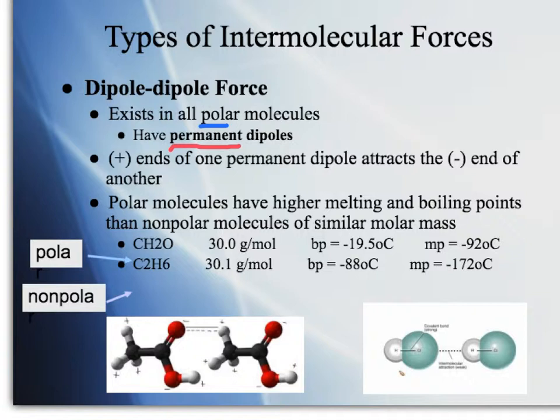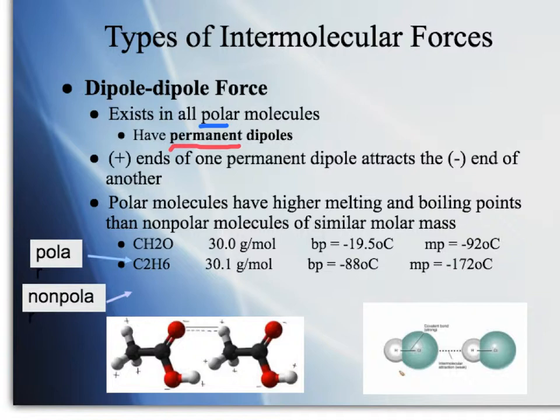What that means is that polar molecules are going to have higher melting and boiling points than nonpolar molecules, because polar molecules stick to each other through that force of attraction between dipoles. Nonpolar molecules do not have those permanent dipoles. They have very, very weak instantaneous dipoles. So they're going to have much lower melting and boiling points, because it doesn't take much energy to overcome those forces.